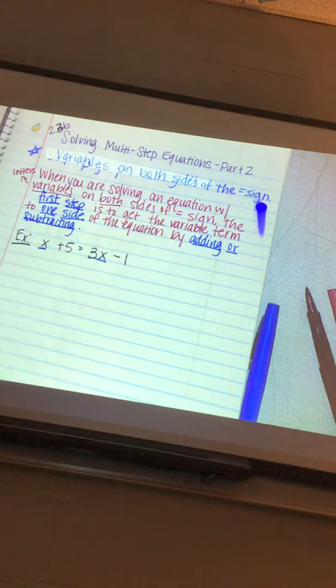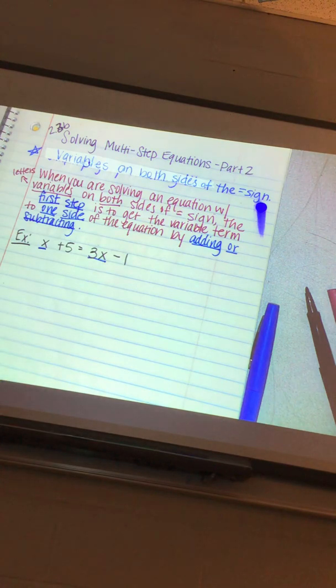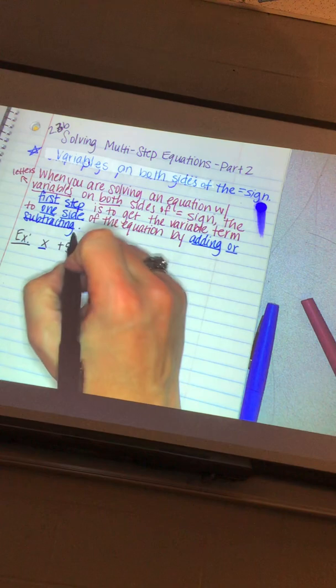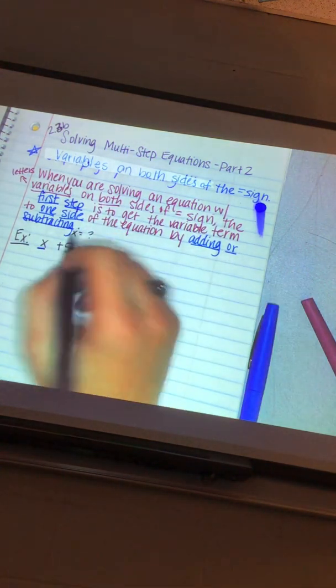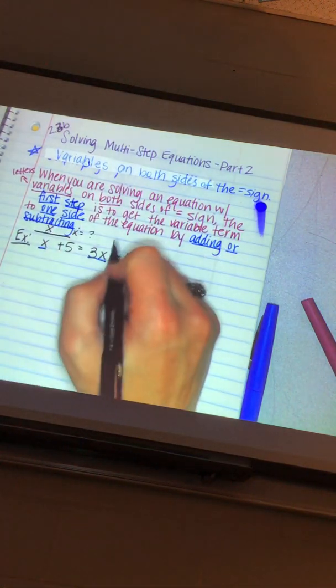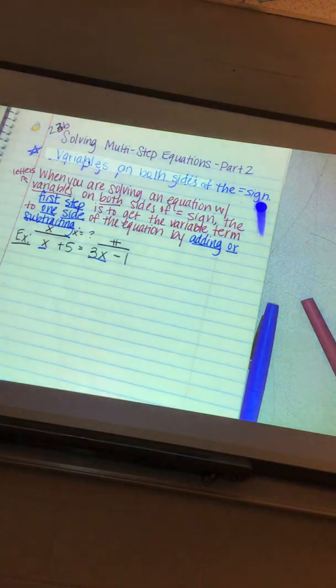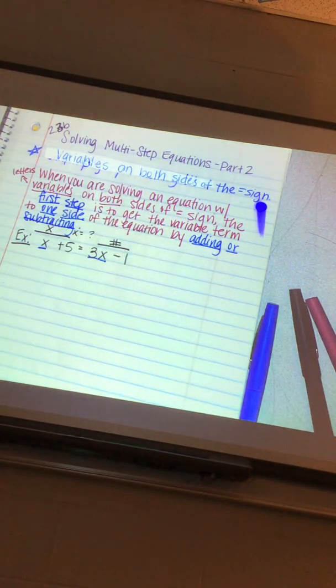So there's one step we have to do before we follow the steps from last night, and that is to get all of your variables to one side and all of your numbers to the other side. If possible, I always like for my answer to be x equals blah, blah, blah. So I like to get all my x's on this side and all my numbers on that side. So we have to take it step by step, okay?